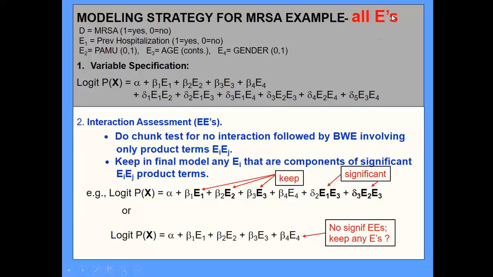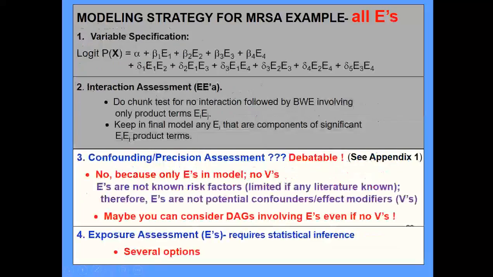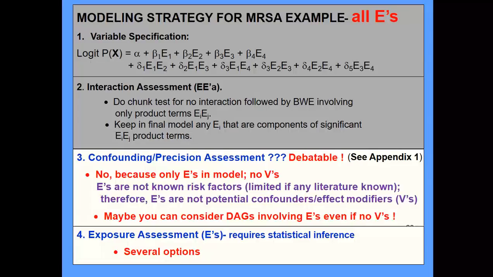Now, the third stage in my modeling strategy that I've been describing to you is confounding and precision assessment. What I said last time, and continue to say this time, is that it's complicated and sort of debatable how you would deal with that. Because when we talked about the modeling strategy when you only had a single E, confounding and precision assessment had to do with the V's.